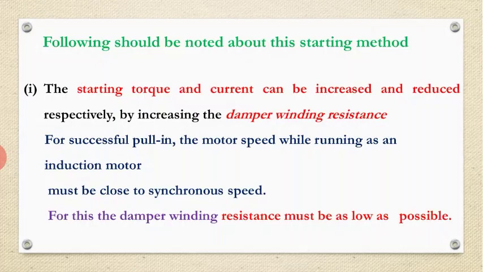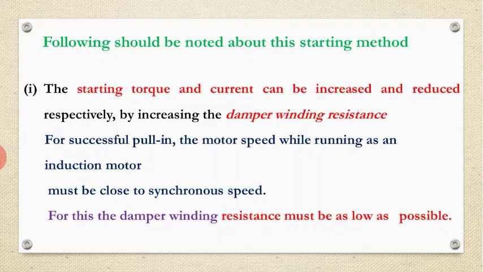For successful pull-in, the motor speed while running as an induction motor must be close to the synchronous speed. For this, the damper winding resistance must be as low as possible. Pull-in means the rotor poles synchronize with the stator poles.